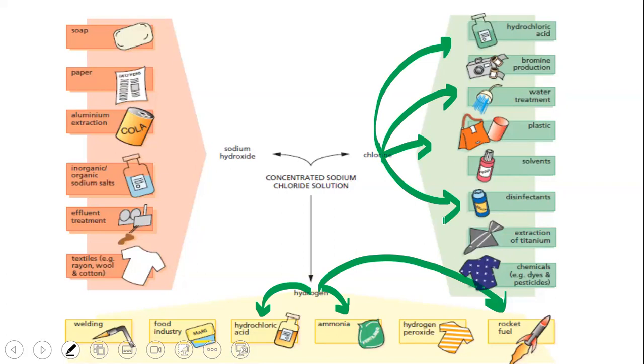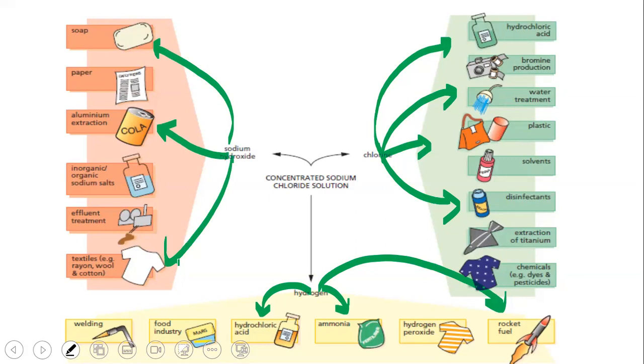There are some questions that would ask what's the use of hydrogen, chlorine and sodium hydroxide. That's exactly why I put the table over here, because they ask you what the uses of these are. Sodium hydroxide, for example, we use it to make soap, or to extract aluminium, or to make clothes.